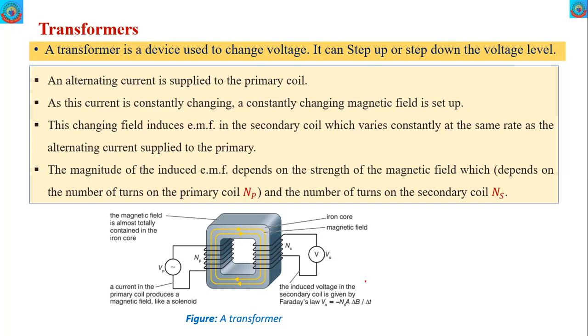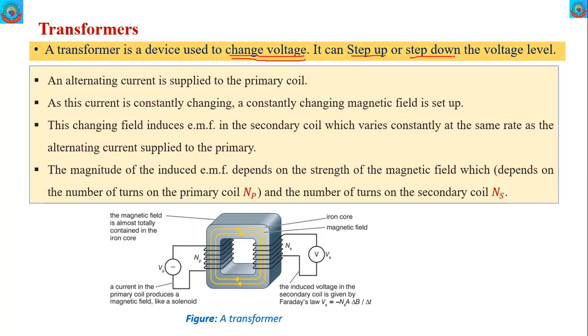So a transformer is a device used to change voltage, to a higher level or to a lower level. That means we can step up the voltage or we can step down the voltage. So a transformer is a device used to change the voltage to the required level, based on the need. It can step up or step down the level of voltage.